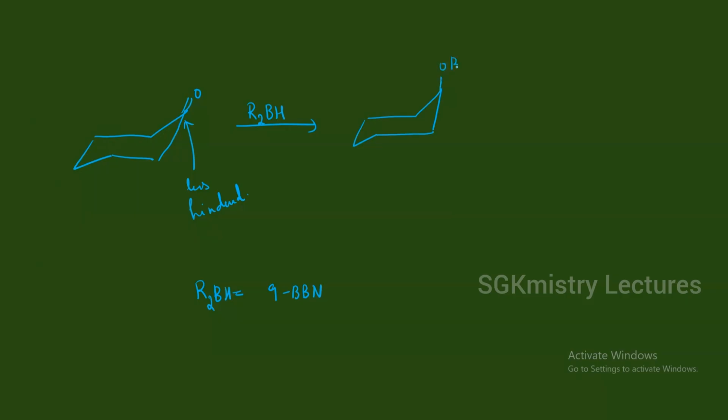So here OBR2, and here you have H, and here there will be the alkyl group that is attached. On hydrolysis, you're going to get here OH, here H, and here there will be a CH3 group. So this is mainly applicable when we are taking bulky boranes, and these are comparatively more selective, right? Because of the more selective nature of these bulky boranes, the attack mainly takes place on the less hindered side so that you get the required product.